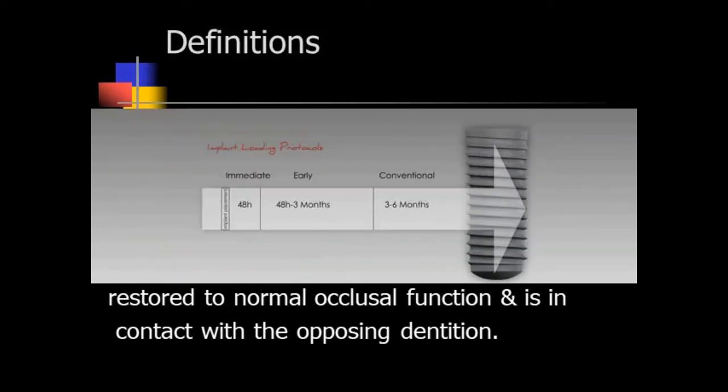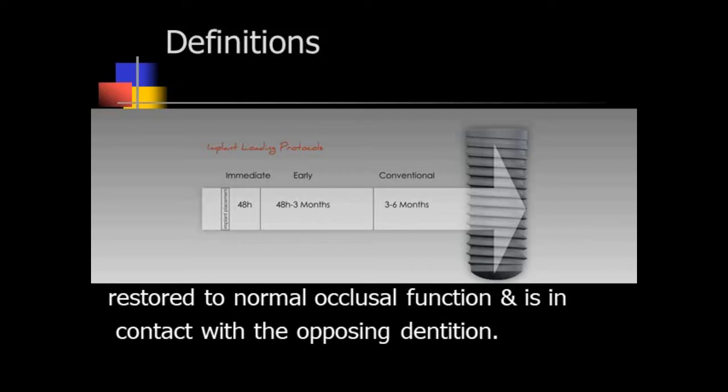That is the immediate loading, where the implants are loaded 48 hours post surgery, and early loading, where provisional restorations were placed within 48 hours to 3 months of the implant placement, and then the conventional loading. So this is a two-stage protocol, where after placement of implants, an unloaded healing period of 3 to 6 months was followed up by loading.